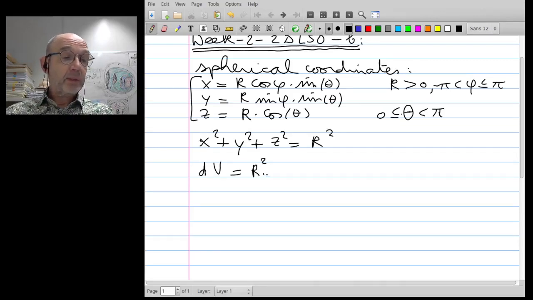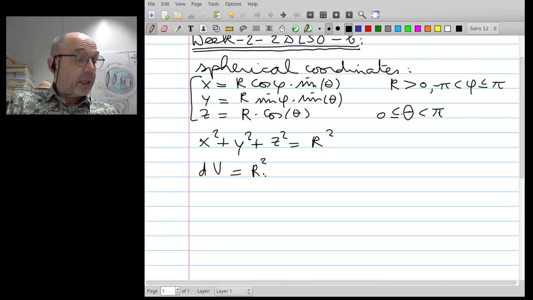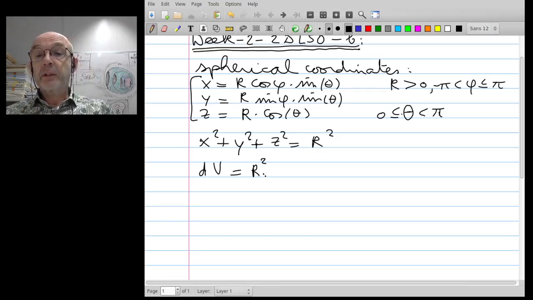I always forget which of the two it will be, but I think it will be the cosine, but I am not sure. So therefore, no, it has to be the sine of theta. And then we have dr, d phi, d theta.